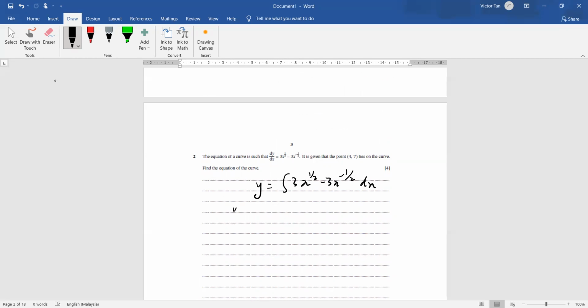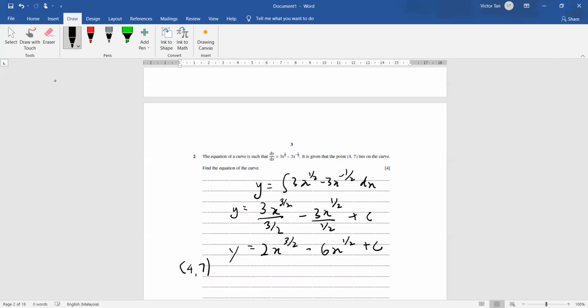So y equals, you need to add 1 to the power. Half plus 1 is 3 over 2, divided by the new power. Same here, minus half plus 1 is half, over half, plus c. Simplifying, you get y equals 2x to the power 3 over 2 minus 6x to the power half plus c. It passes through the point (4, 7).